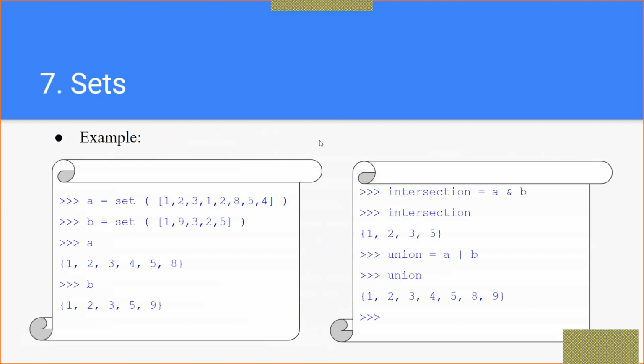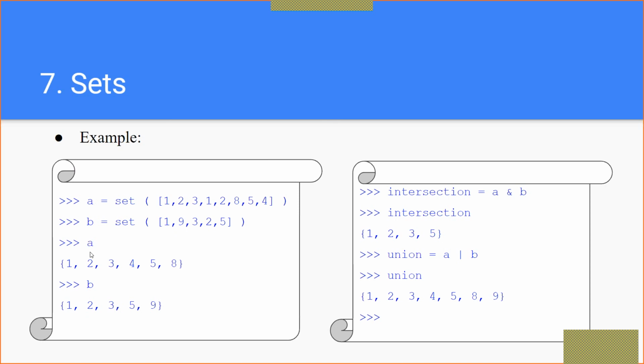But if you see this example, you will understand it. Now see, A is a set, B is a set. A has, say, 1, 2, 3, then 1, 2, 8, 5, 4. As I said, a set has only unique keys, but here 1 and 2 and 1 and 2 are duplicate keys. And in set B, 1, 9, 3, 2, 5 are unique keys.